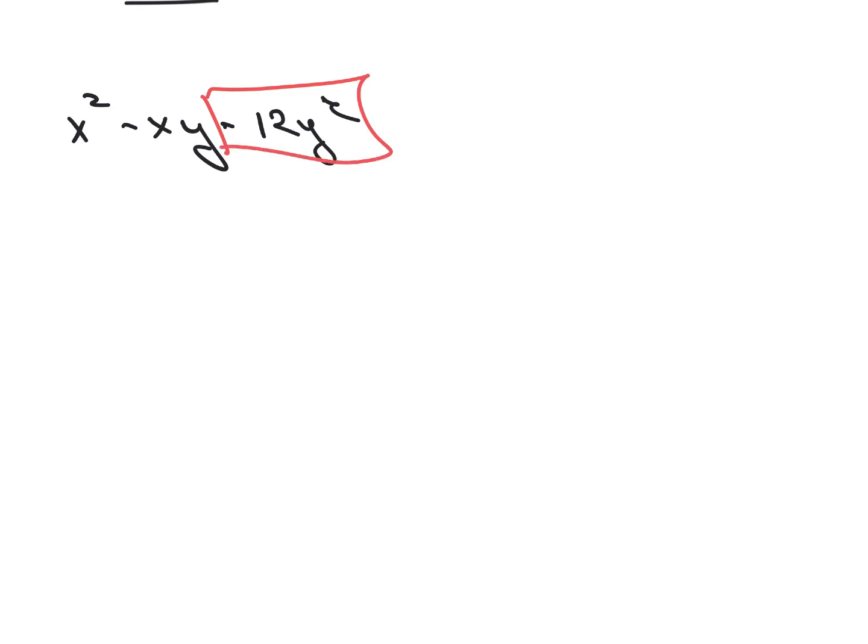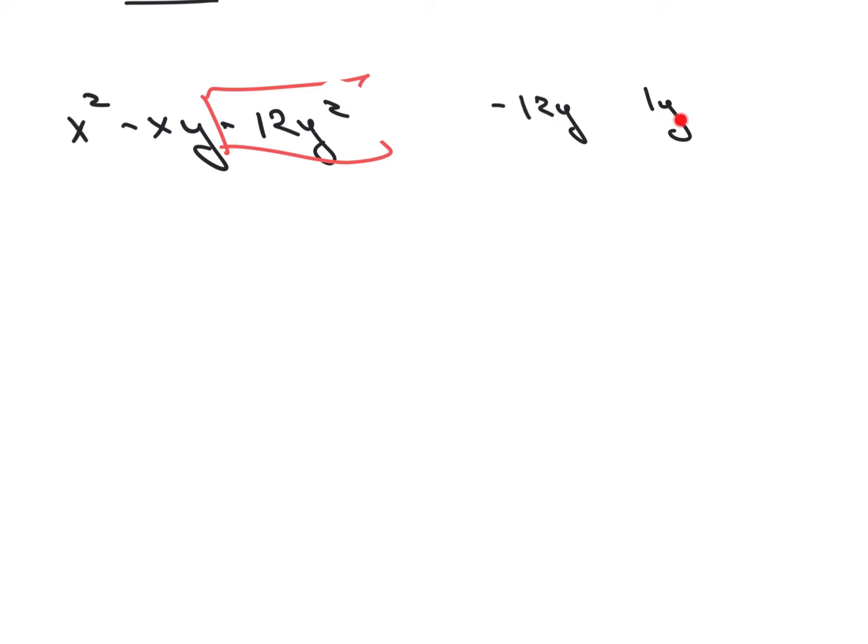Let's look at example 5 on page 70: x squared minus xy minus 12y squared. First of all, let me make my squared sign actually look like the number 2. We're going to find the factors of negative 12y squared. So negative 12y times 1y would give me negative 12y squared, because y times y would give me the y squared.